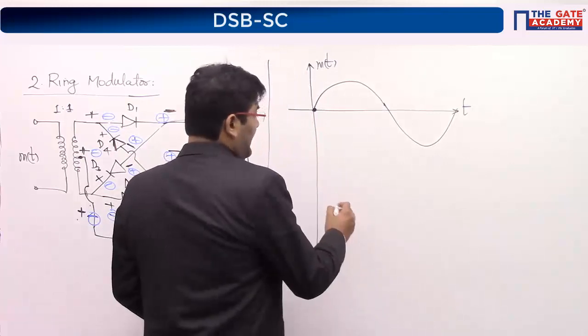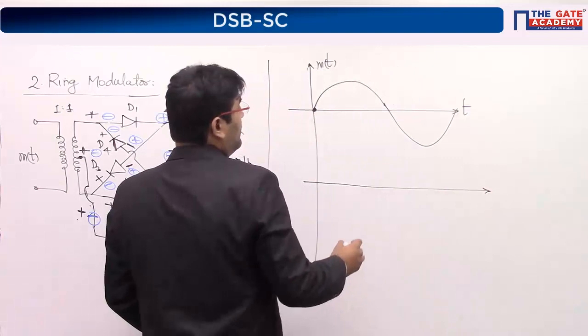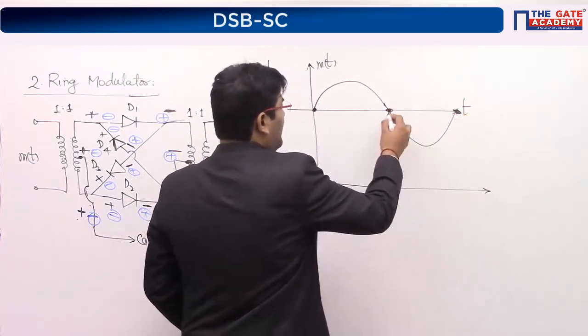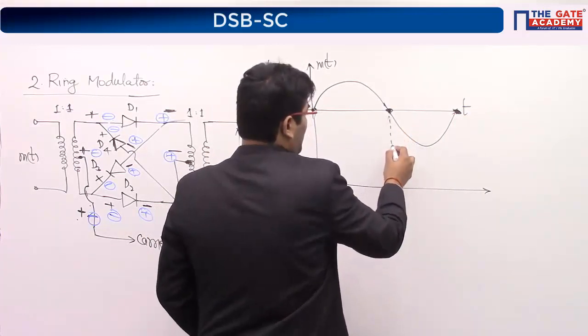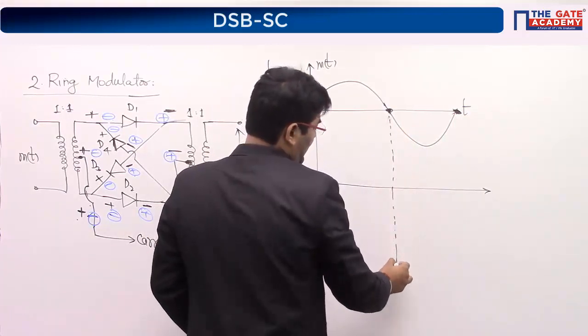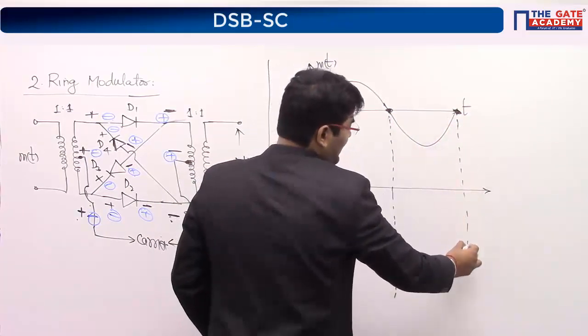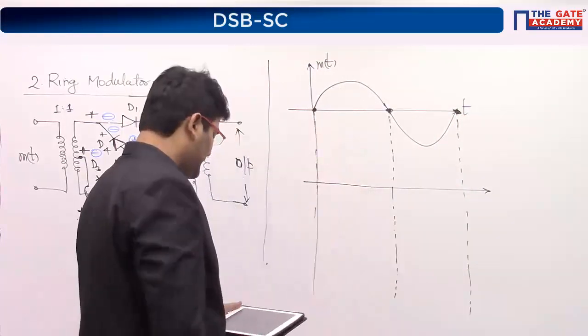Now the carrier. So we should have support lines. What is the support line, guys? The support line is something like this. These zero crossing points are important. That's why you can see me drawing dotted lines. Anyway, it is there, right?